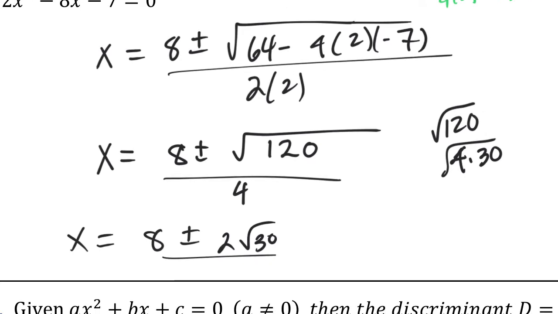And then that's all over 4. And then I'll just simplify, everything's even, so I'll divide everything by 2. So it would be 4 plus or minus square root of 30 all over 2, and that is done.